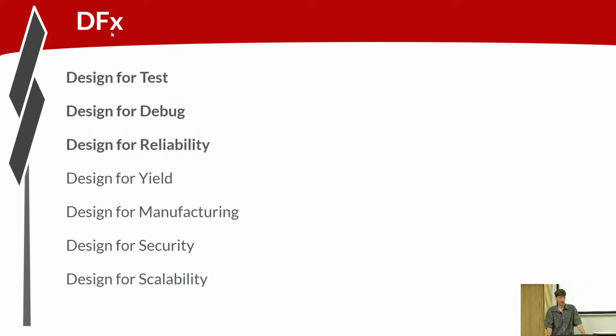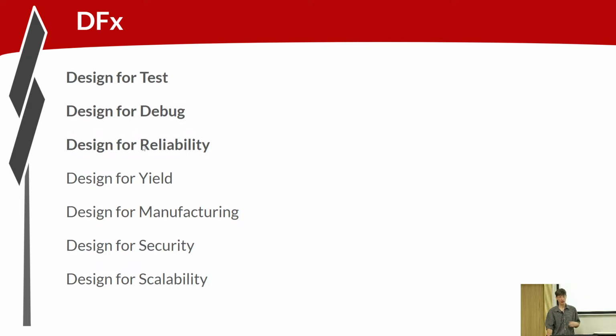Design for test is testing the physical manufacturing quality of the parts. Design for debug is doing the post-silicon debug work to ensure functional correctness of your physical silicon.